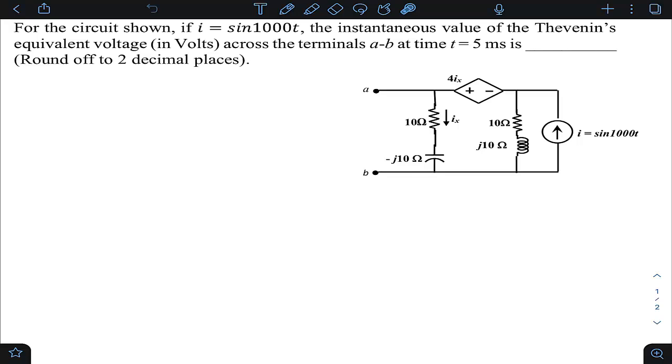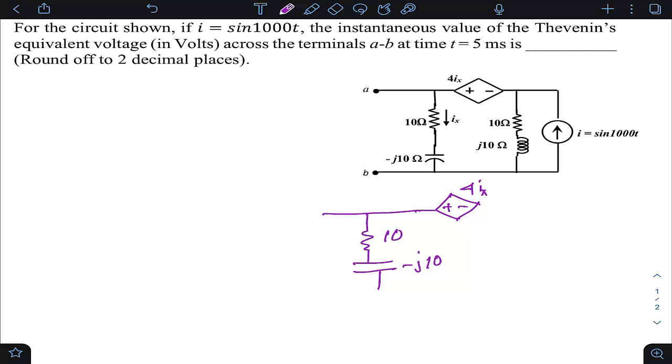So how do you solve this problem? Let us do one thing. For making the calculation easy, let us transform this practical current source into a practical voltage source using source transformation. If I do that, how does this circuit look? This is 10, this is minus J10, this is the dependent source, plus minus, 4Ix.